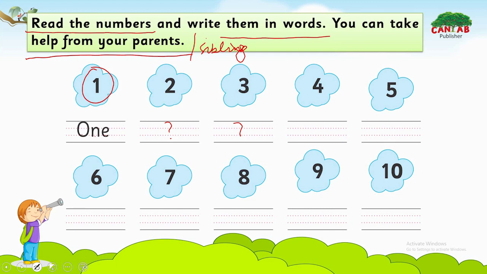This is what? This is 2. So what is the spelling of 2? T-W-O. In this manner, you have to fill the remaining blanks, and this is your homework from 1 to 10.